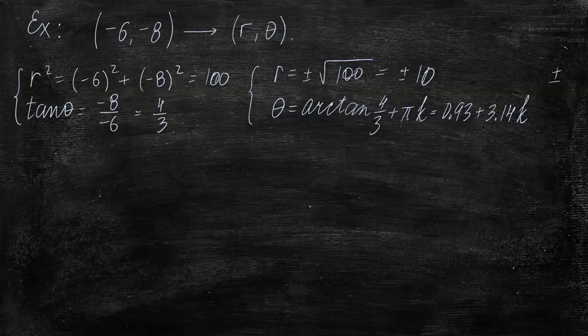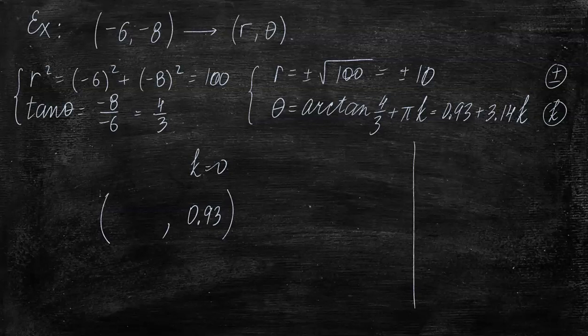At the top we get to choose plus or minus, at the bottom we get to choose k, and if we choose k to be equal to 0, which is kind of the default choice, so choosing theta to be 0.93 radians, should I go with plus or minus 10?